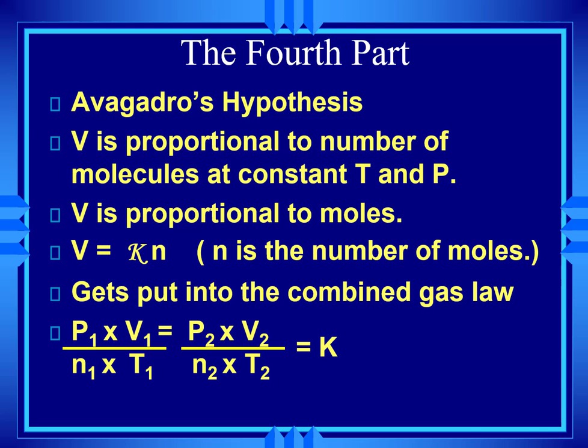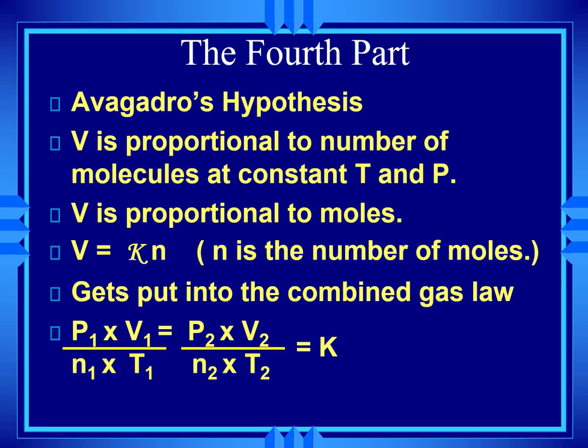But there's something different about this. Say, what do you mean there's something different about it? Well, I've got everything I could possibly change about a gas in that equation. So now K is worth figuring out because it's always the same. It doesn't matter how much you have. It doesn't matter what temperature.